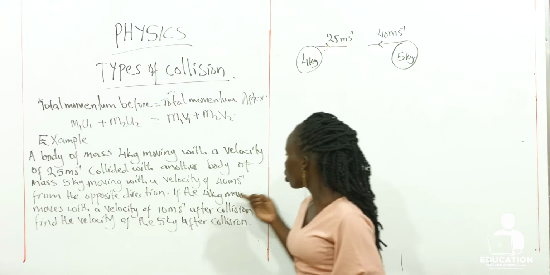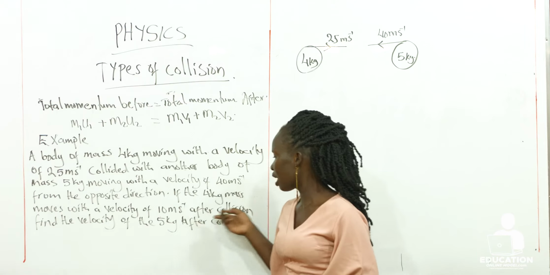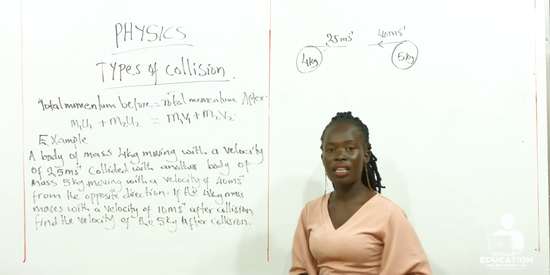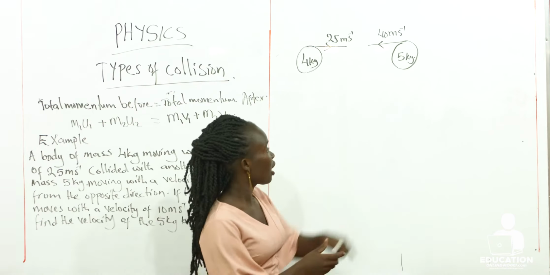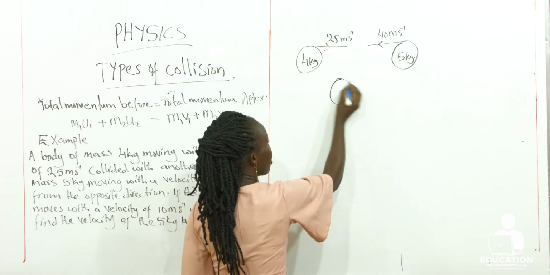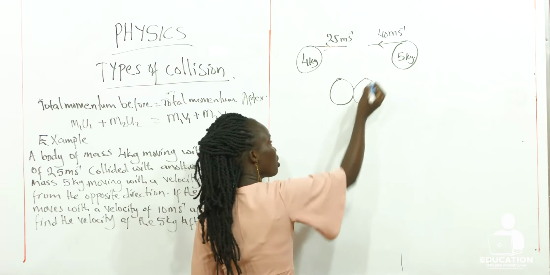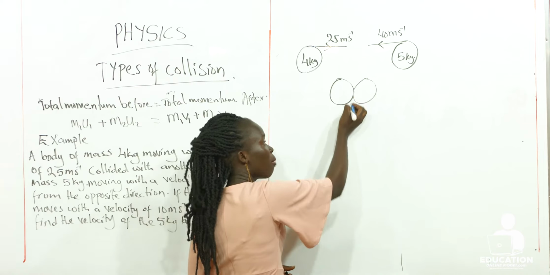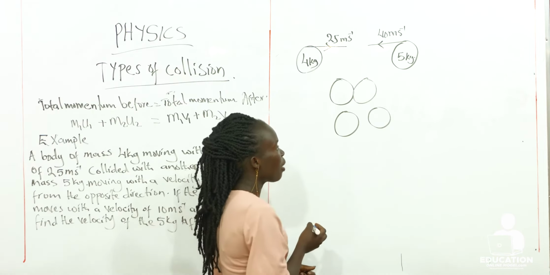If the 4 kilogram mass moves with a velocity of 10 meters per second after collision. So you see that when these bodies move, they end up crashing into each other. So when they crashed, what happens? They did not stick, but they separated.